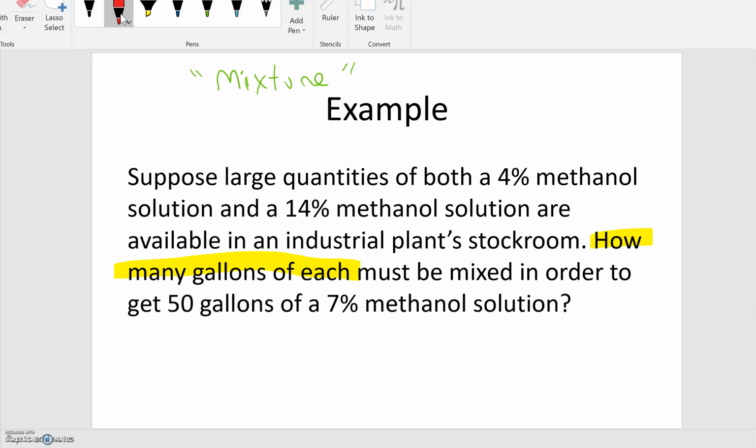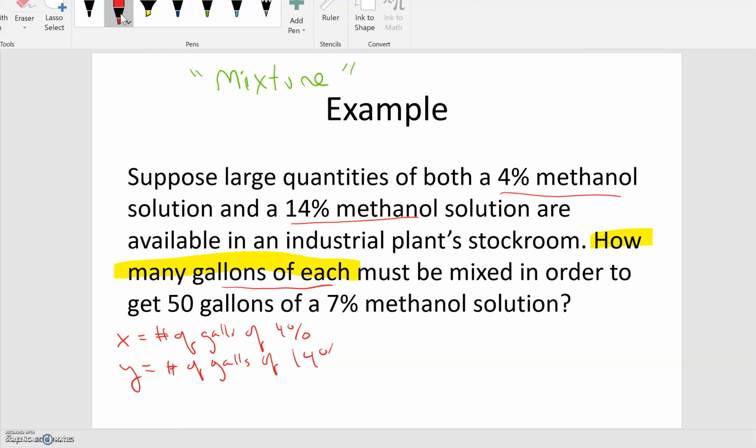My unknowns are the number of gallons of each being 4% methanol and 14% methanol. So let's let X represent number of gallons of 4%, and let's let Y represent number of gallons of 14% methanol.